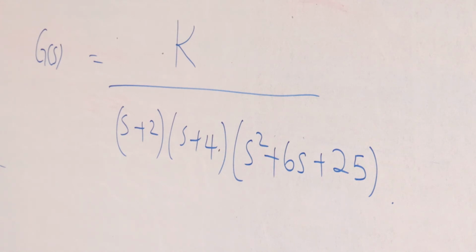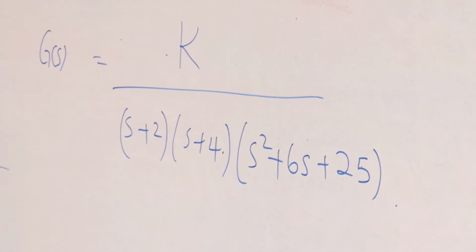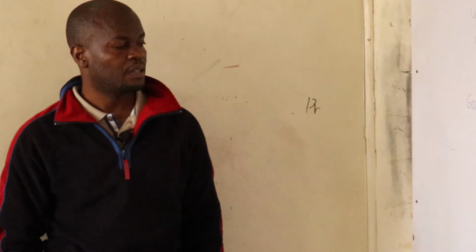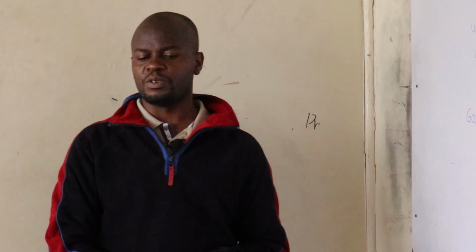Find the range value of K for marginal stability, and also determine the natural frequency of oscillation.